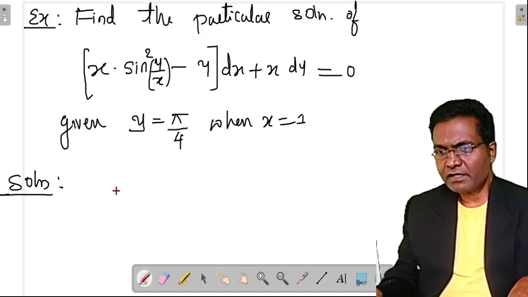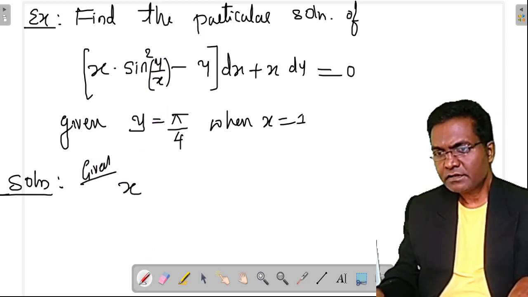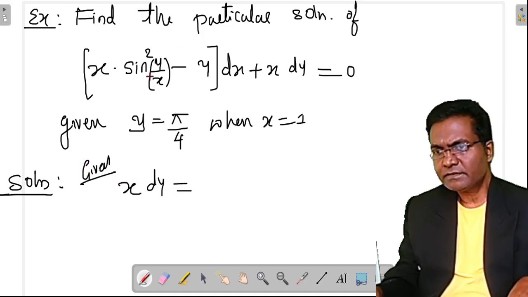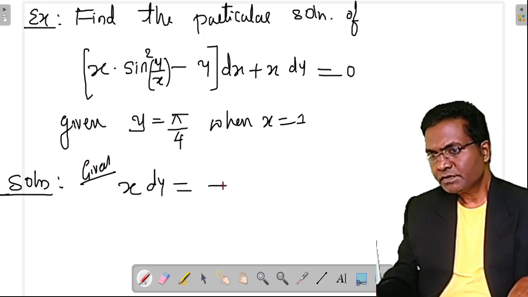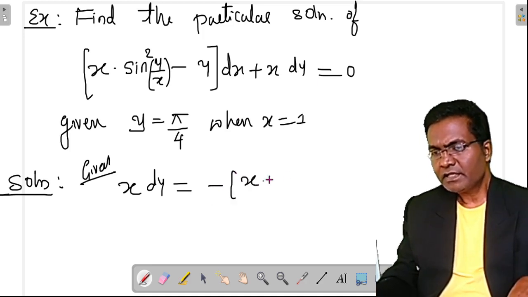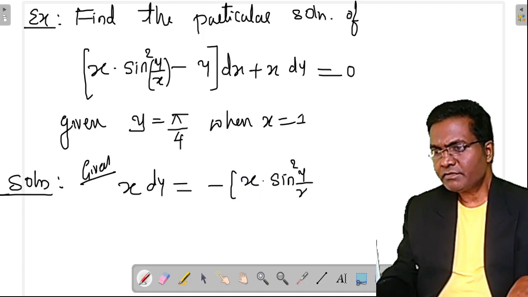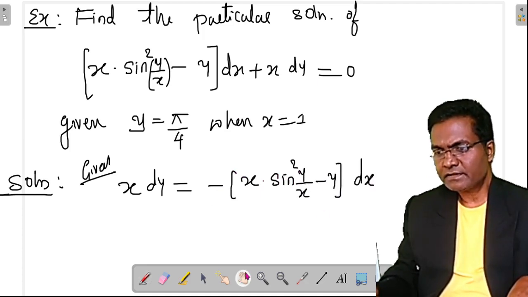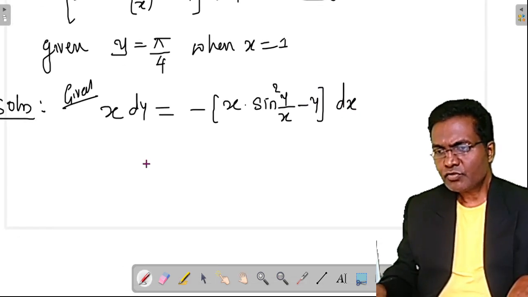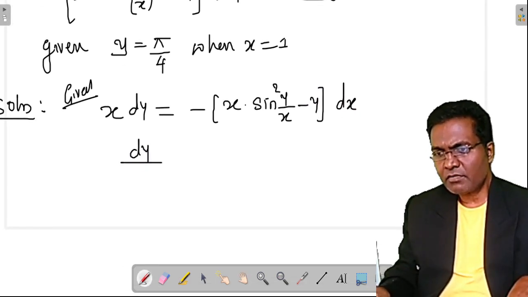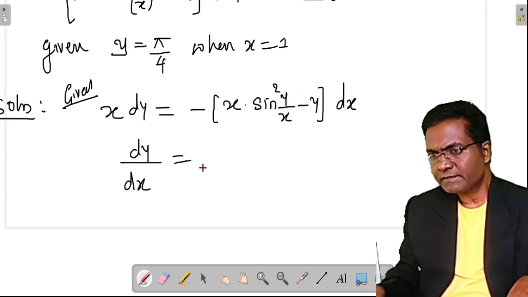So given can be written as x into dy is equals to, I transfer this side, it is minus of x into sine square y by x minus y into dx.